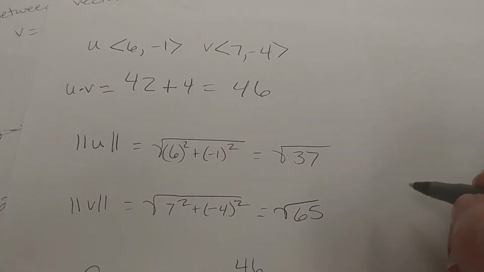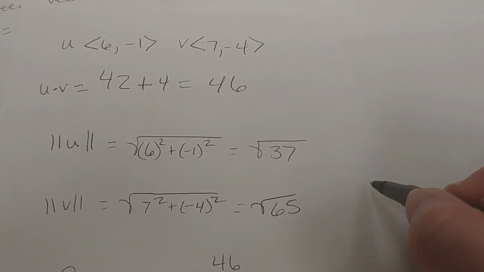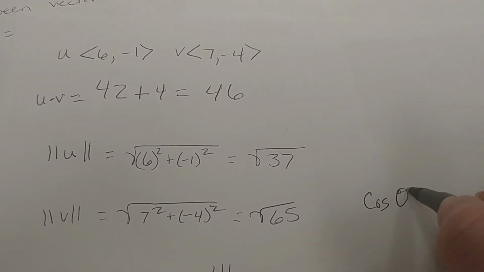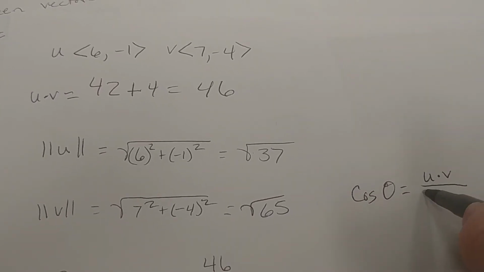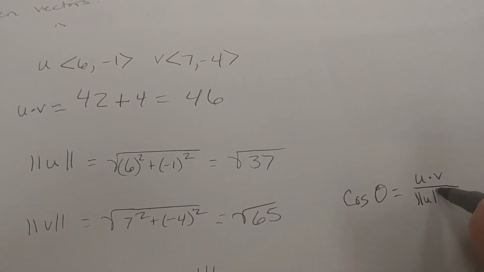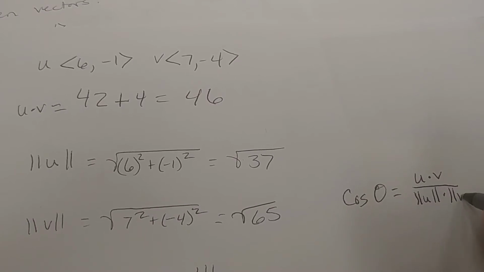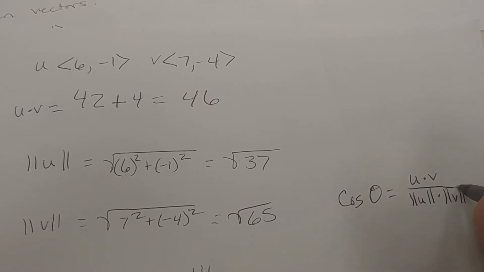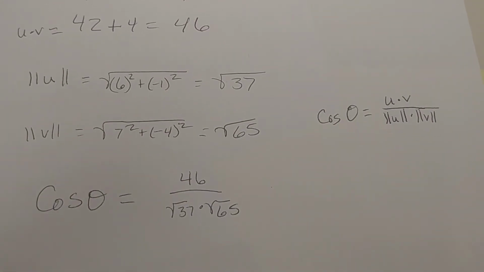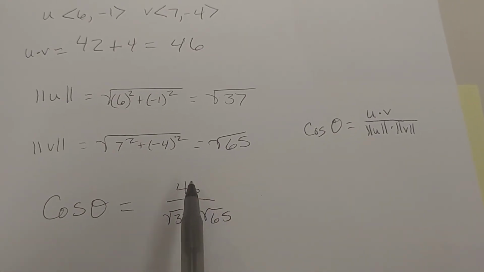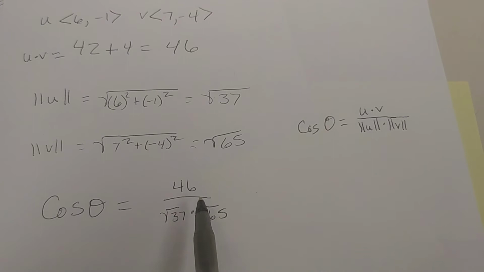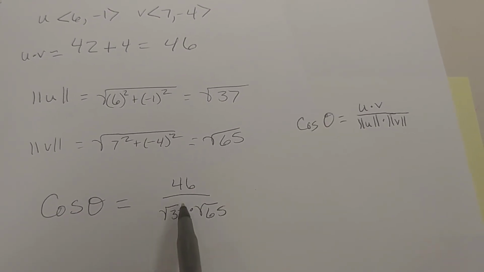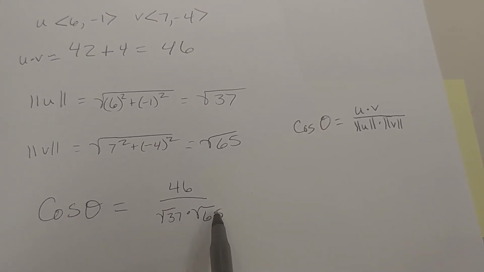So in order to find the angle, we have this identity. Cosine of theta is going to equal the dot multiplication divided by the magnitude of U times the magnitude of V. Okay, so there's my identity. So I come down here and I just substituted in. My dot multiplication, U times V, I got 46. It's in the top. Then I do square root of 37 times the square root of 65.